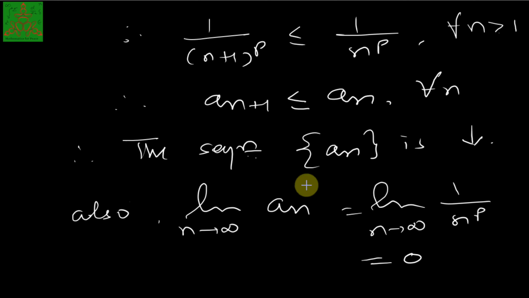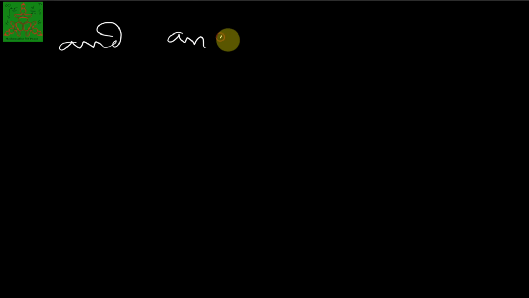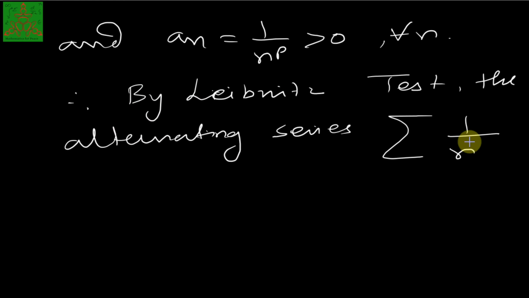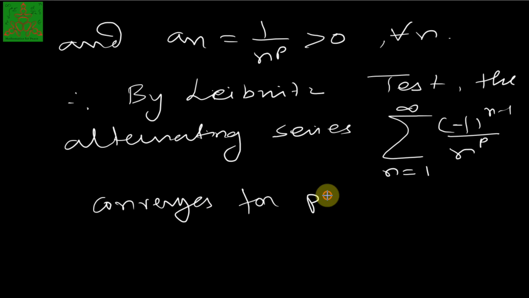So it is satisfying the third condition also. And a_n equal to 1 upon n power p is always greater than 0 for every n. Therefore, by Leibniz test, the alternating series summation of (minus 1) raised to n minus 1 into 1 upon n power p, running from 1 to infinity, converges for p greater than 0.